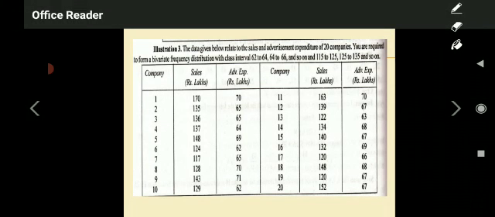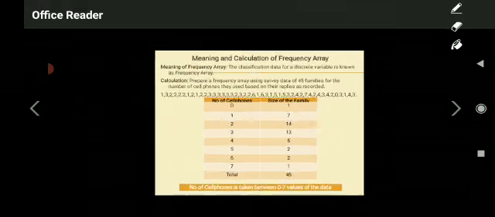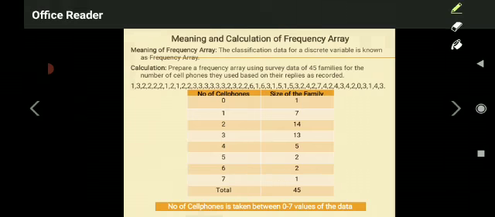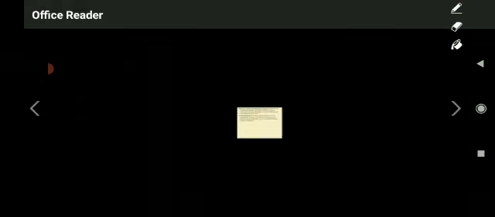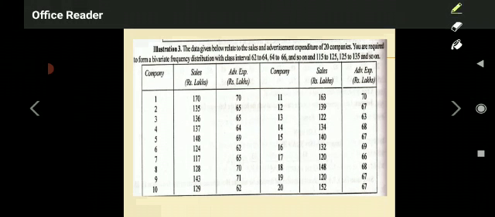How many companies are there? 20 companies are there. In the first column, there are 10 companies mentioned over here. In the fourth column, again another 10 companies are mentioned. 1 to 10 in the first column, and in the fourth column 11 to 20 companies.